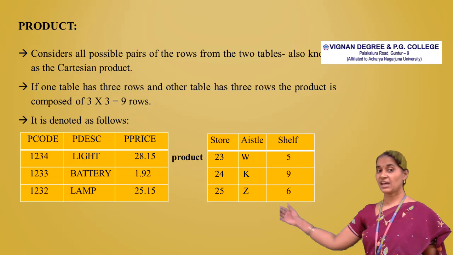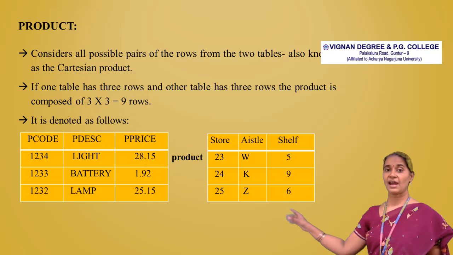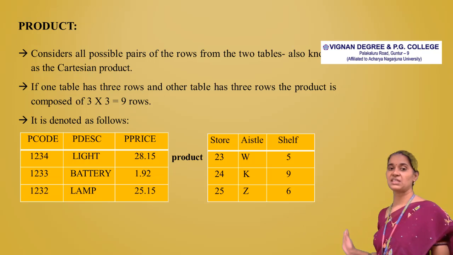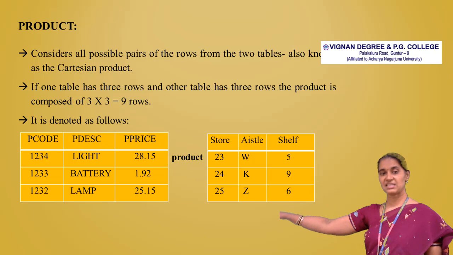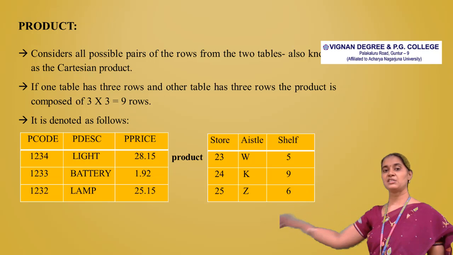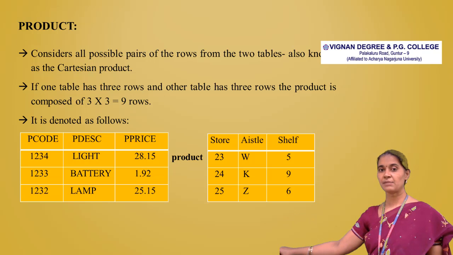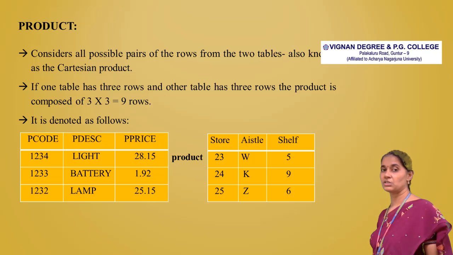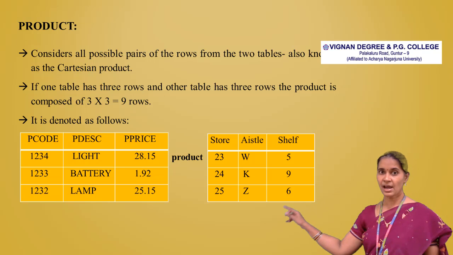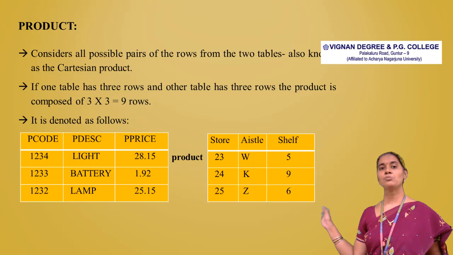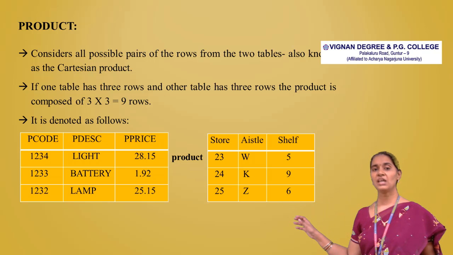In a similar way, I consider the second row of the first table and multiply it with all the rows of the second table, and the third row likewise. So if one table has 3 rows and the other table has 3 rows, then the Cartesian product will be 3 into 3, 9 rows.